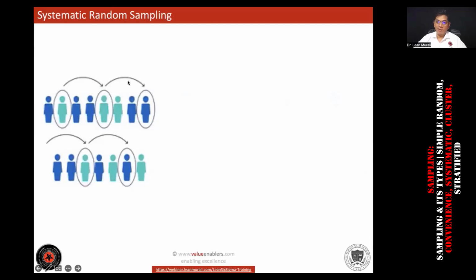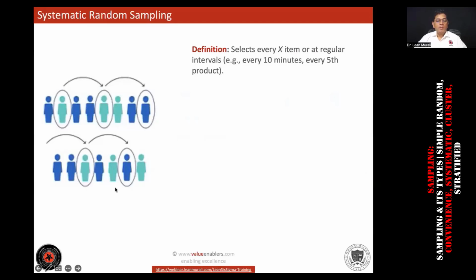Where does this help? See, all the sampling methods help in different areas. Based on what decision you want to make and what conclusions you want to draw, you need to choose the type of sampling. The definition is that it selects every xth item, like here the third item, at regular intervals, like every 10 minutes or every fifth product.